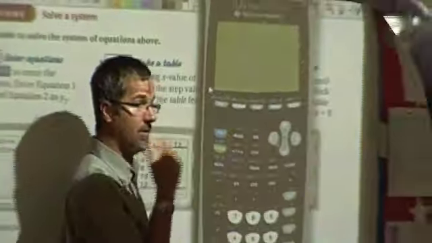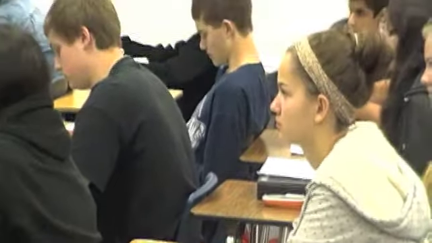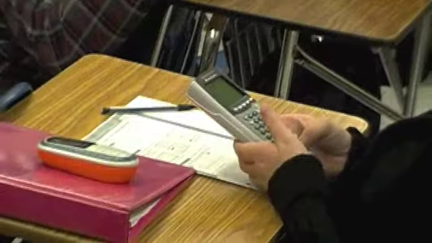The first thing I want you to do, and I'm going to model this on my own calculator up here on the screen, is to input that very first line, just like it is in slope-intercept form, on line y1. So we're going to put 2. Now here's the next question: where's the x key on this?